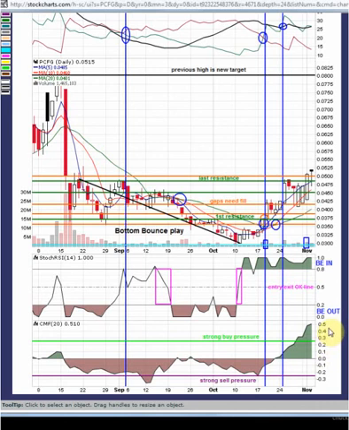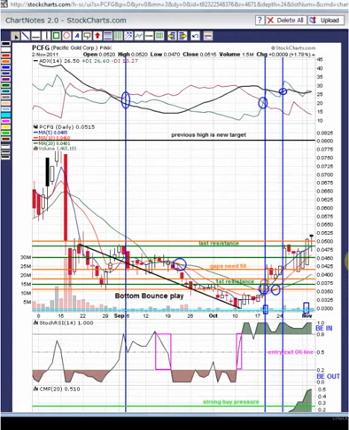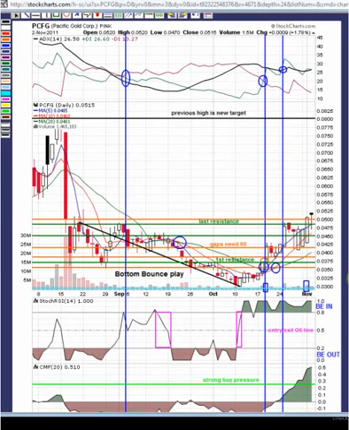So now you know how these various indicators that I use work and what they tell me and what they should be telling you. Okay, let's go back to the bottom play, the bottom bounce play. I've done a video about bottom bounce plays, and I'll include the link with this post so you can cover that.